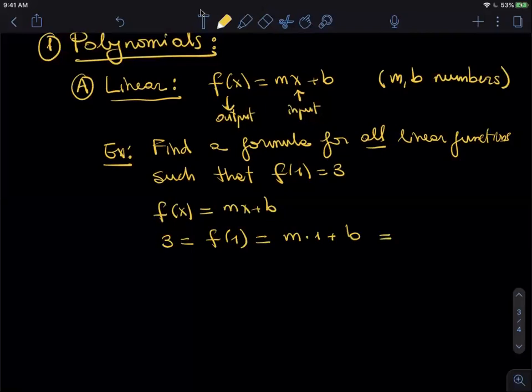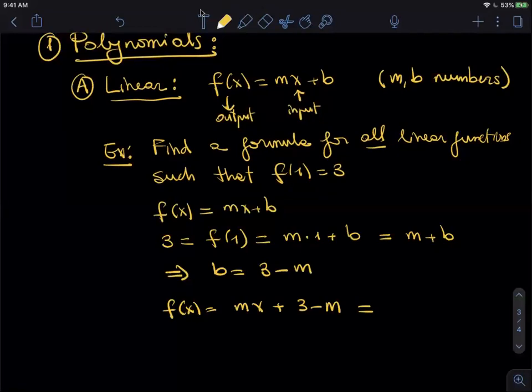So we have this condition that m plus b needs to be equal to 3. So this means b is equal to 3 minus m. Then the functions are going to be f of x equals mx plus 3 minus m. Or if we want to make this look nice, we can write m times (x minus 1) plus 3. So these are all the linear functions such that f of 1 equals 3.